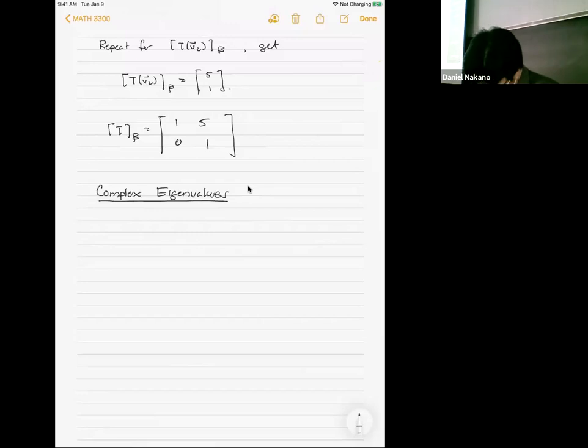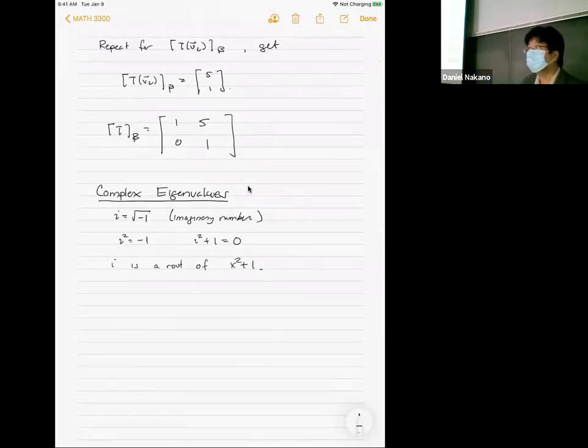A lot of times you want to join the square root of -1, an imaginary number, i. If I square this, I get -1. So i squared plus 1 is 0, and really i is a root of the polynomial x squared plus 1.